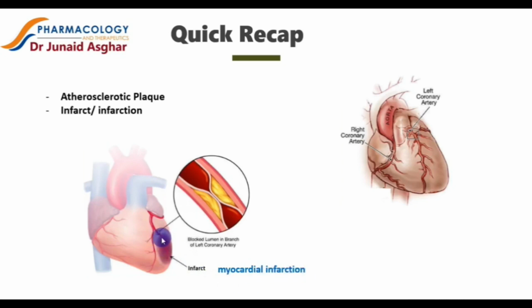Now, this is the zoom in of this blocked branch of the left coronary artery. Now, this plaque, or the atherosclerotic plaque, is basically composed of fat, cholesterol, and different salts such as calcium, and some clotting factors such as fibrin.